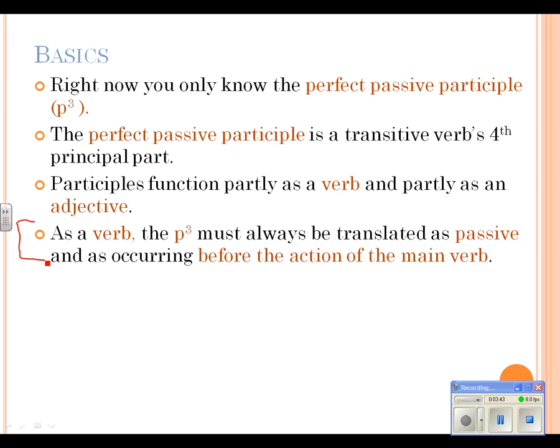So, in that sentence, in the textbook, convocati is a P cubed. It refers to boys having been called together before the action of the main verb can happen. And if you use a temporal conjunction, after works really nicely to say after the boys have been called together, they will hear the words of the teacher. Yes?